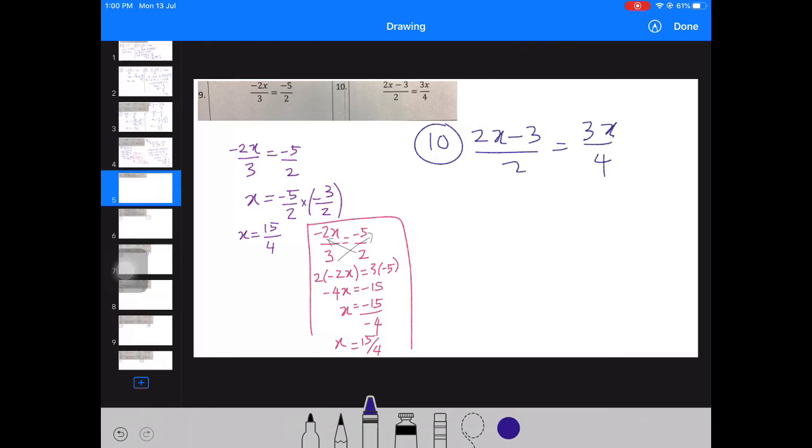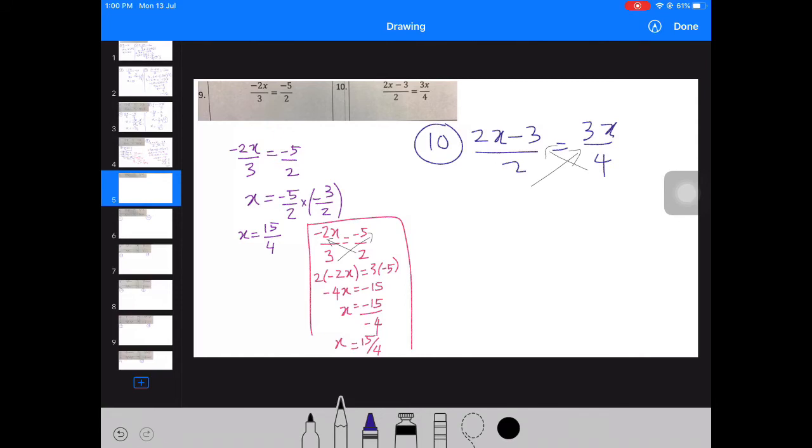So we can do cross multiplication here because we can see that x is on both sides, on the right side and on the left side. Okay, so I'm going to do the cross multiplication. 4 we multiply on the left side, and 2 multiply the right side.